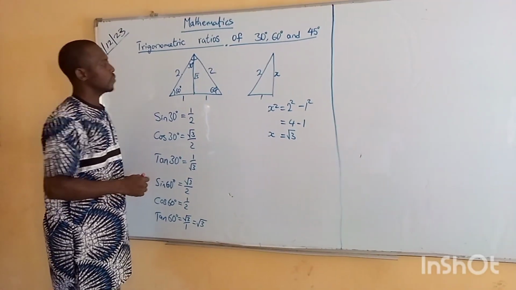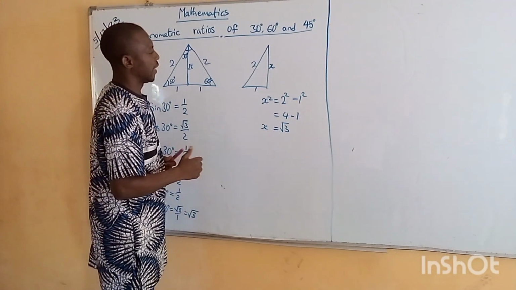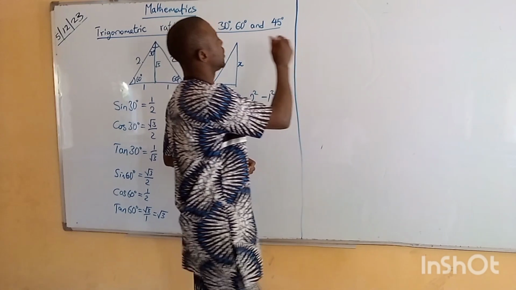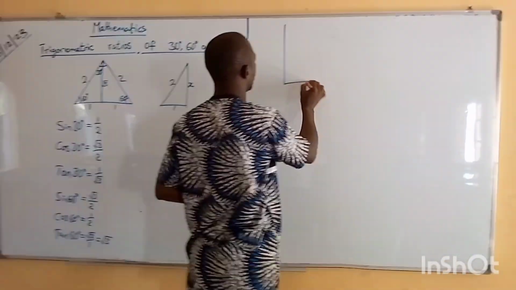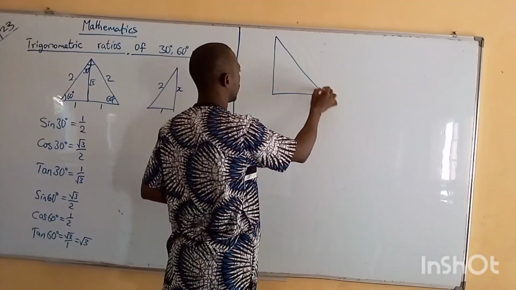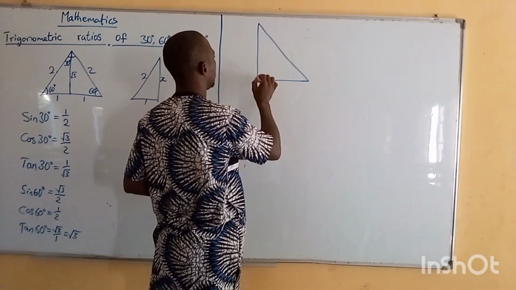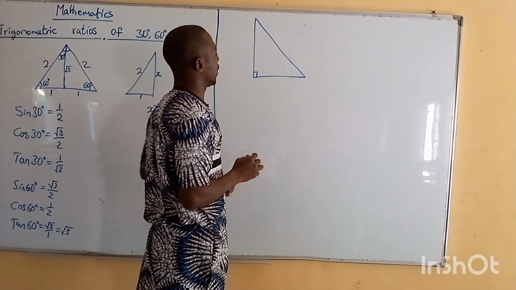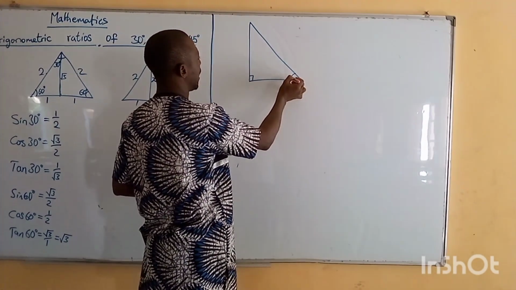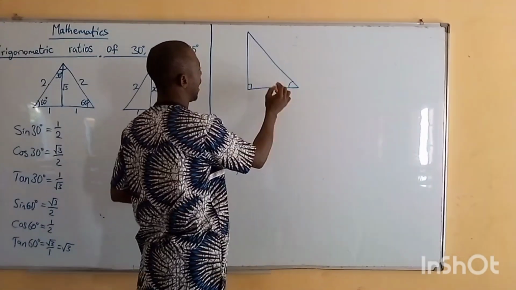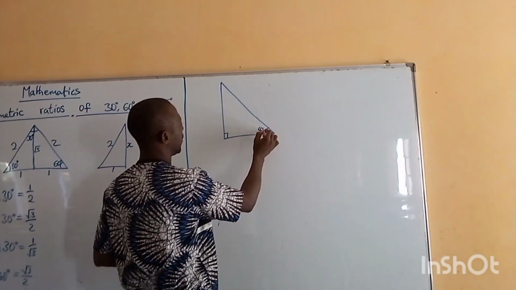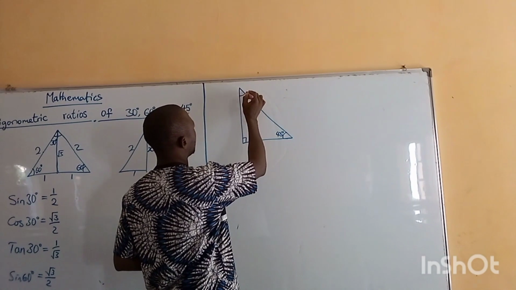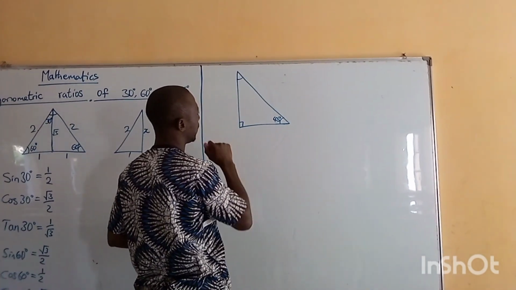Now, having said that, to derive 45 degrees, we take a right angle triangle, and the right angle triangle has 45 degrees here and 45 degrees up here.